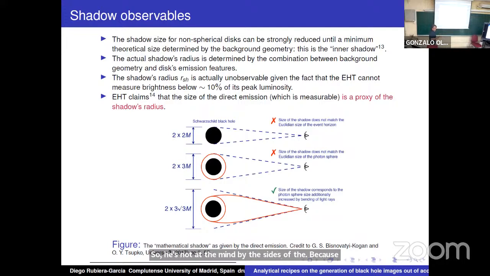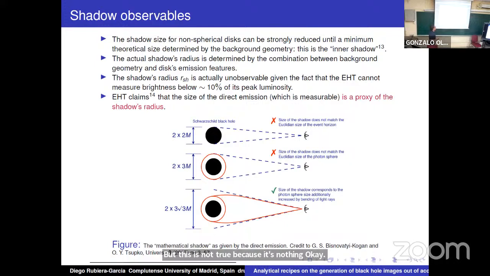This is the actual shadow, because it takes into account that photons emitted at the photon sphere will suffer lensing and get to a distant observer. This is the critical impact parameter value. Now, if these were purely mathematical black holes, this would be the actual shadow that you would see. But this is not true, because it's not taking into account the behavior of the disk.